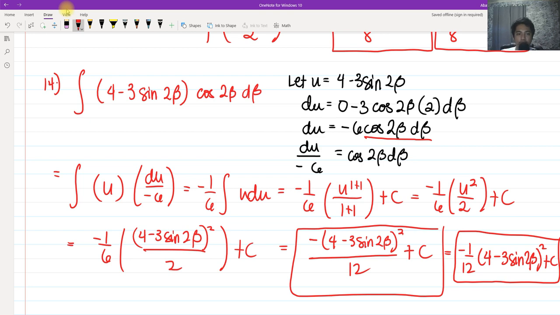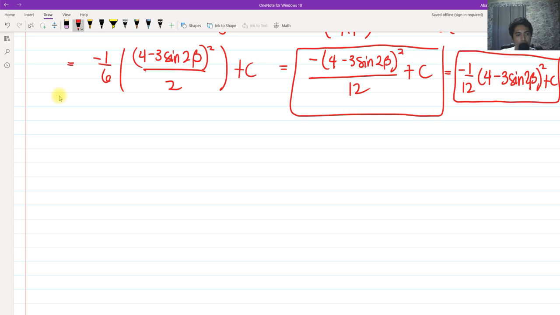For number 15, we have the integral of sine t dt all over 4 plus cosine t raised to 3 halves. So this is still in terms of sine and cosine.